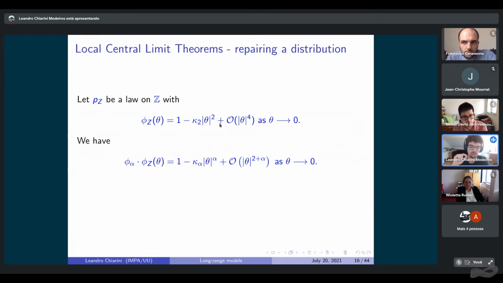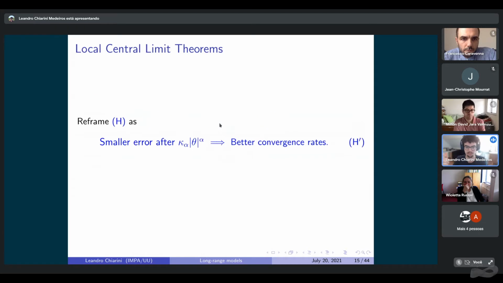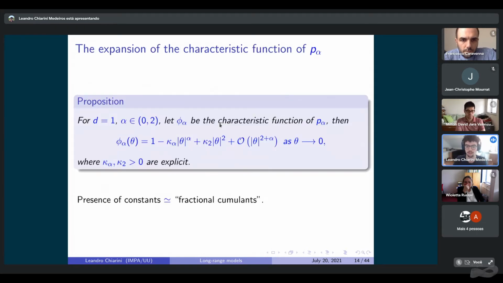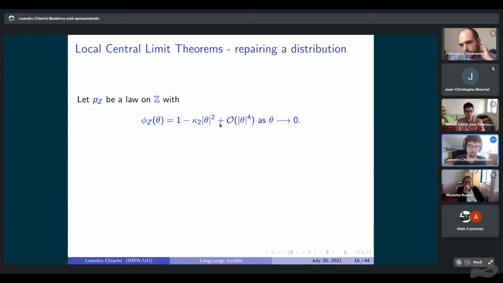So it turns out that if we take one step according to p alpha and then one step according to pz, we have a characteristic function that is much better in terms of the error term after kappa alpha, is of much smaller order. Instead of being 2, it's 2 plus alpha.